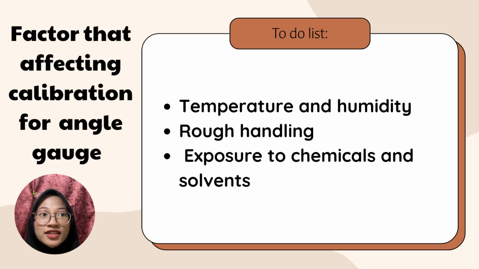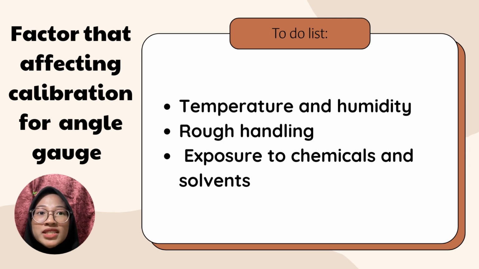Next are the factors affecting calibration for the angle gauge. First, temperature and humidity. Changes in temperature and humidity can cause the materials of the angle gauge to expand or contract, which can affect its accuracy. Second is rough handling.